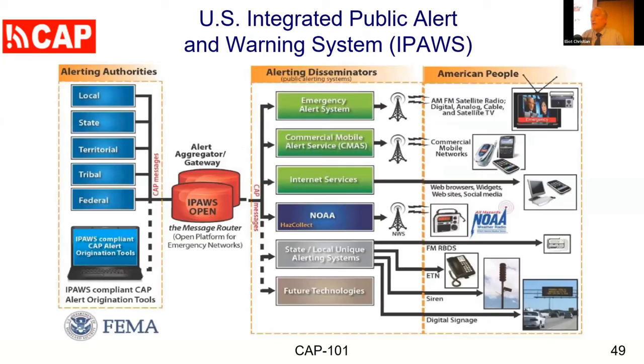So here's an example of one of these alert hubs, the United States Integrated Public Alert and Warning System. It is aggregating alerts from 1,700 federal, state, local, tribal, and territorial alerting authorities. And remember, one of those is the U.S. National Weather Service, which itself has thousands of CAP alert feeds.